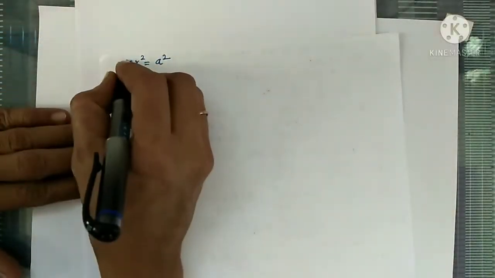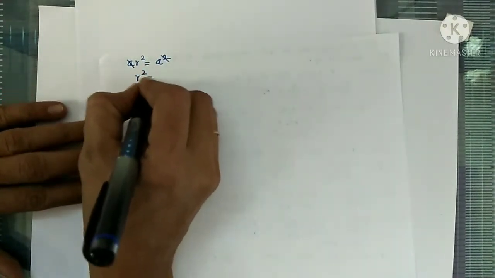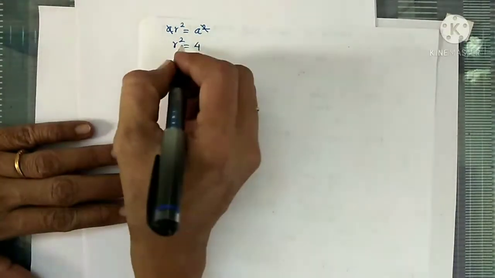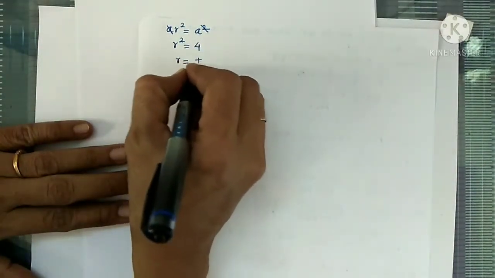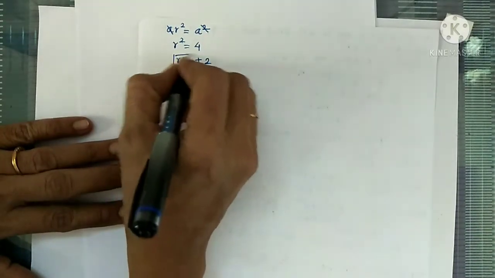Okay. Now we have the value of A. Let's cancel first A. So we get R square equal to A, and A is 4. So R square equals 4. Now as it is an even power here, we can get two values of R, plus or minus 2.